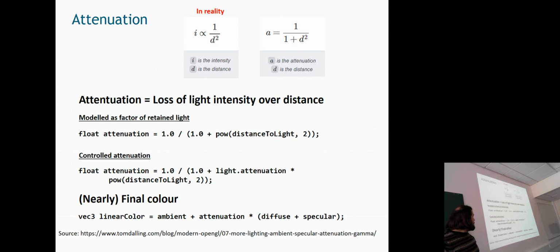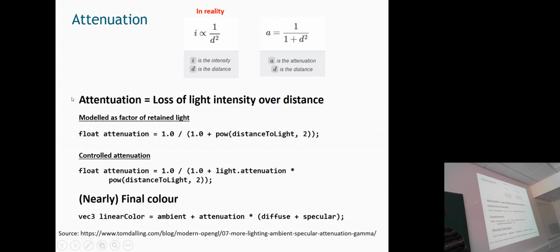Another way of controlling it is introducing an arbitrary light attenuation parameter, if you don't really want to attenuate your light source by this law, and you want to keep it even if you move farther, or make it weaker even if it's closer, just for some visual effects or depending on your application.